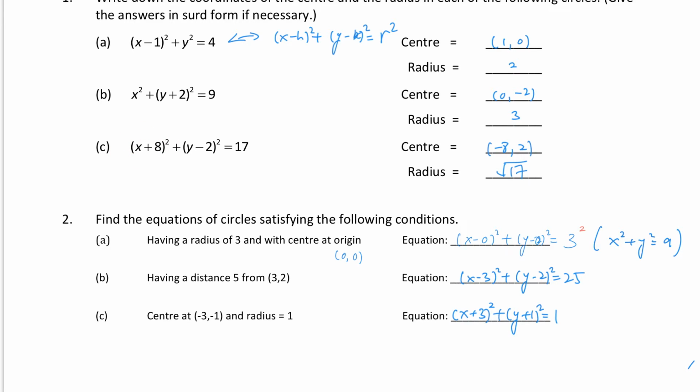Consider this one. I will consider what's the value of x such that this term is equal to 0. x plus 8 is equal to 0, x is equal to negative 8. What's the value of y such that this term is equal to 0? y minus 2 is equal to 0, so the y coordinate is equal to 2. And how about the radius? Square root of 17.